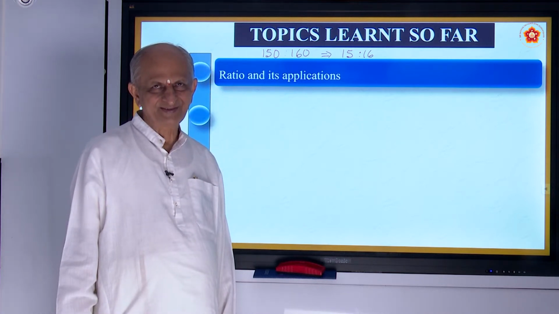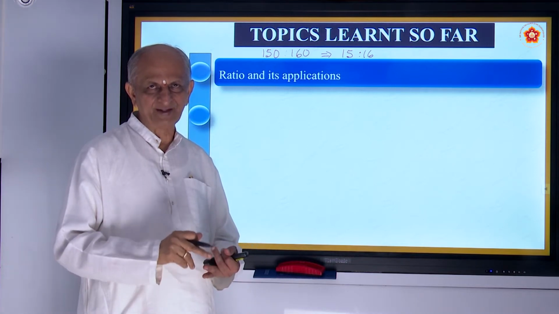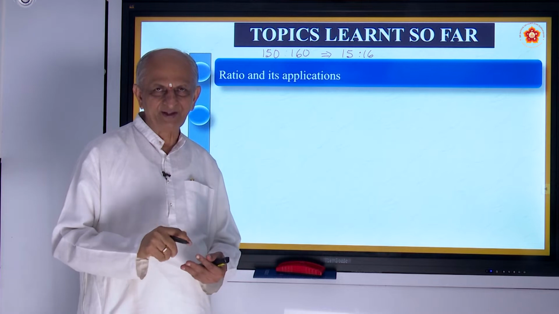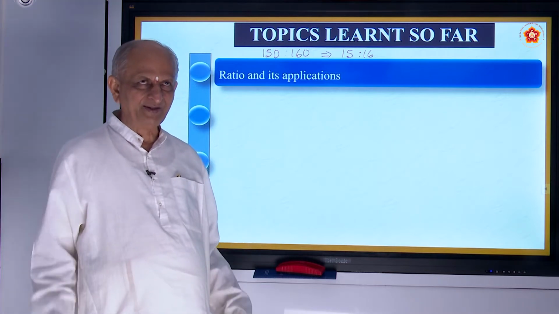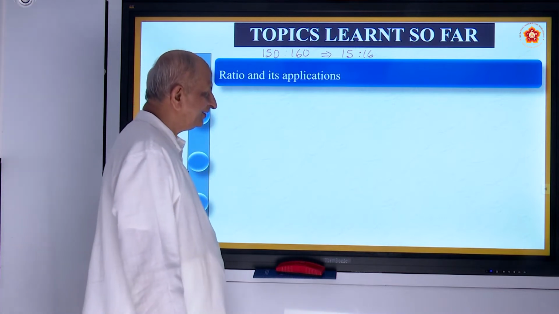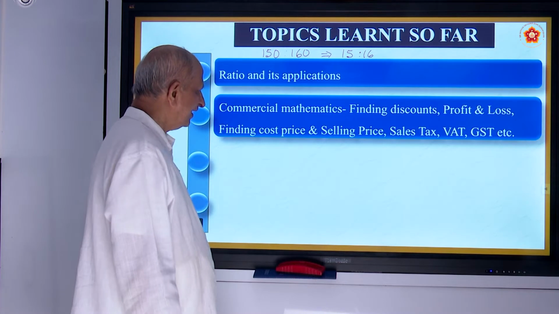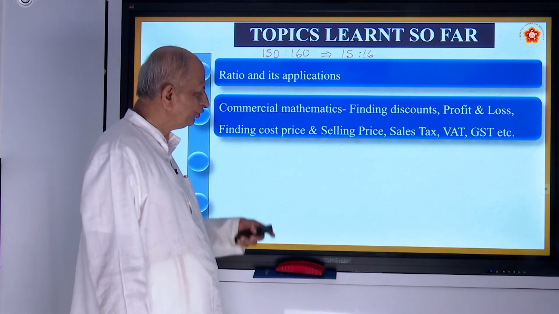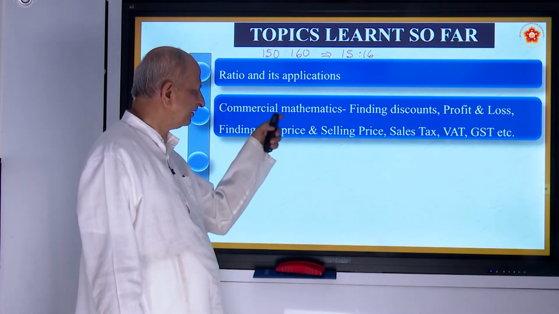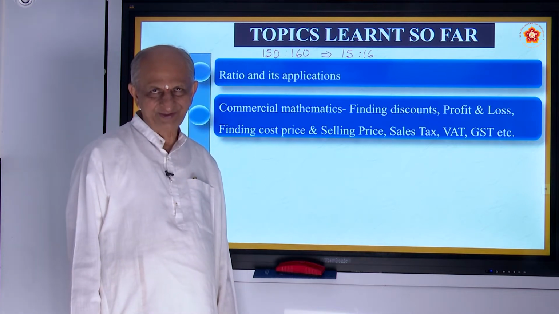Correct? And it has got a lot of applications. Comparison of heights, comparison of weights, comparison of marks, comparison of rainfall, comparison of cricket scores. All these will have ratio, and it is used mostly in commercial mathematics, finding discounts.